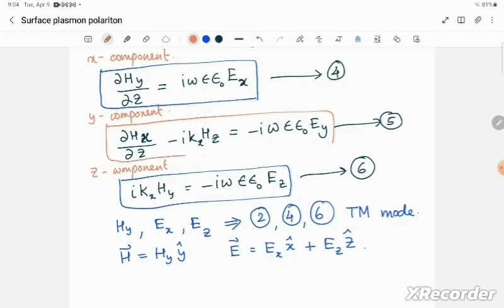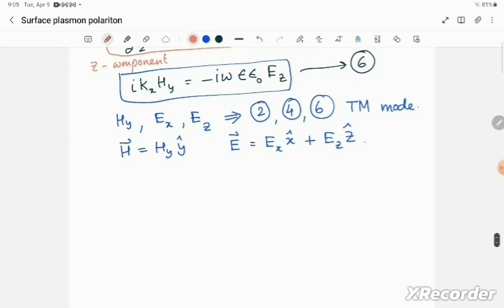If you look into these equations carefully, you will find that they deal with just the reverse, EY, HX and HZ, which is basically coming from the remaining 1, 3 and 5 equations. Okay, all the odd ones. And this defines the TE mode.